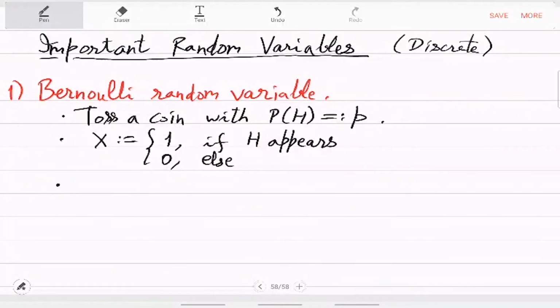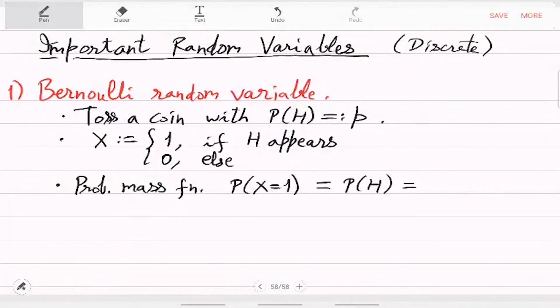Okay, so the mass function is: either X takes 0 or 1 value. So it takes value 1 with probability the same as probability of head, which is p.